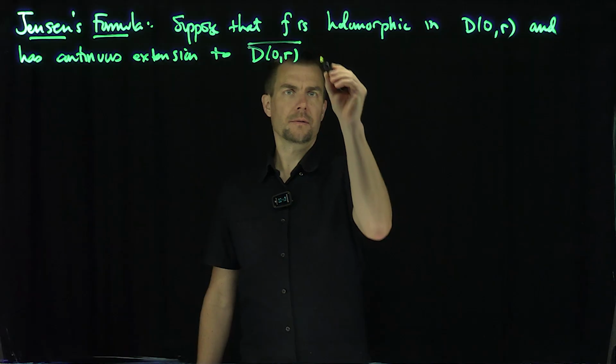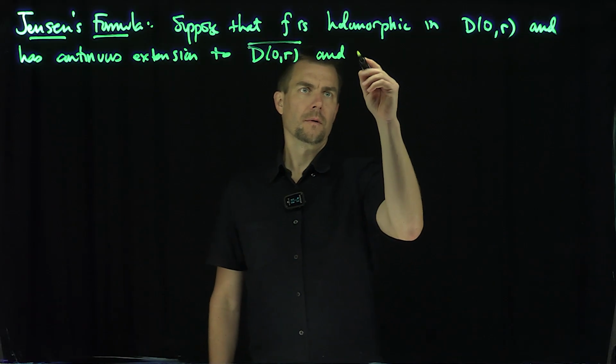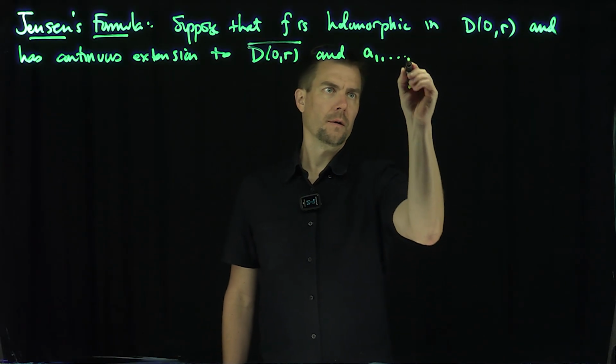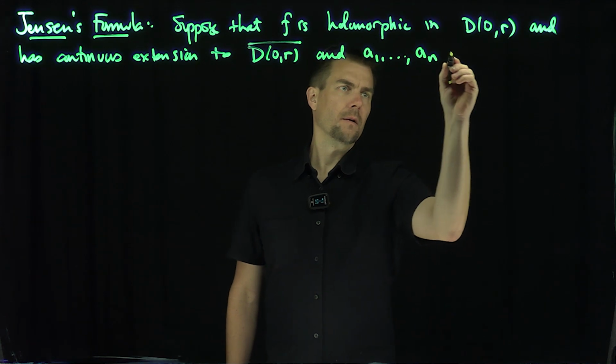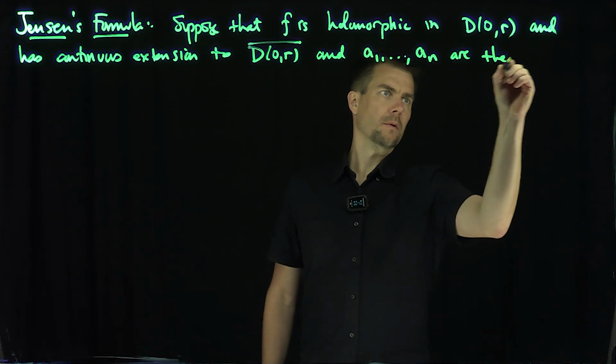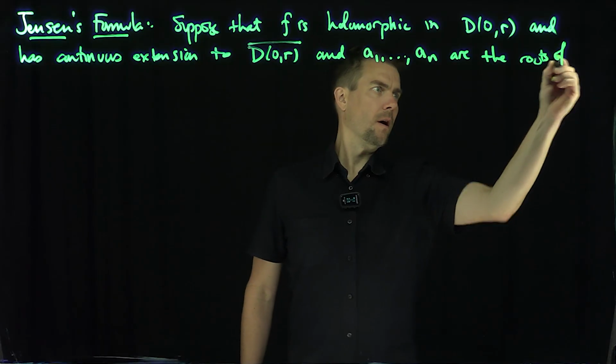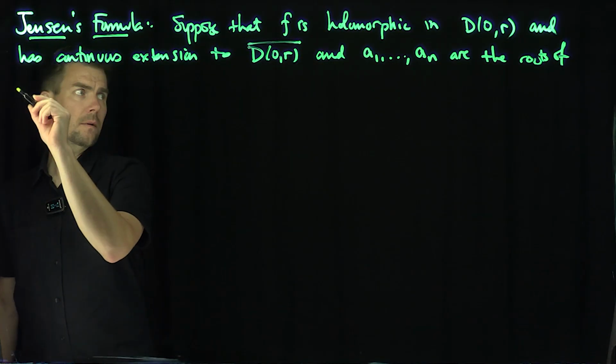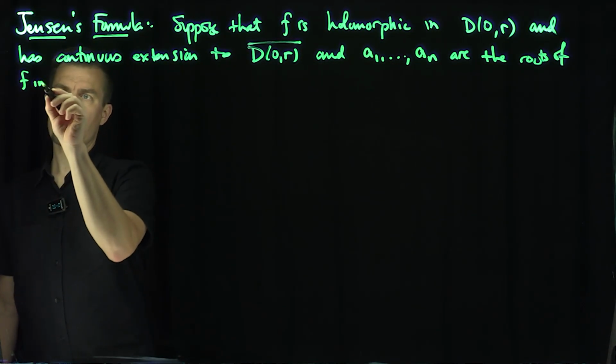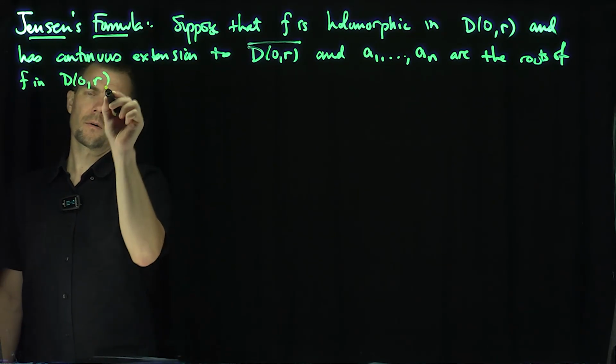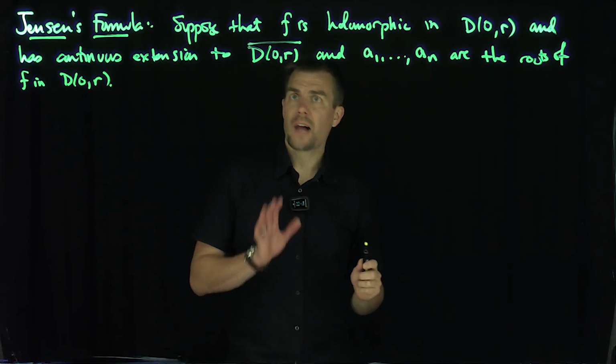Then a1 through an are the roots of f in D(0,R).